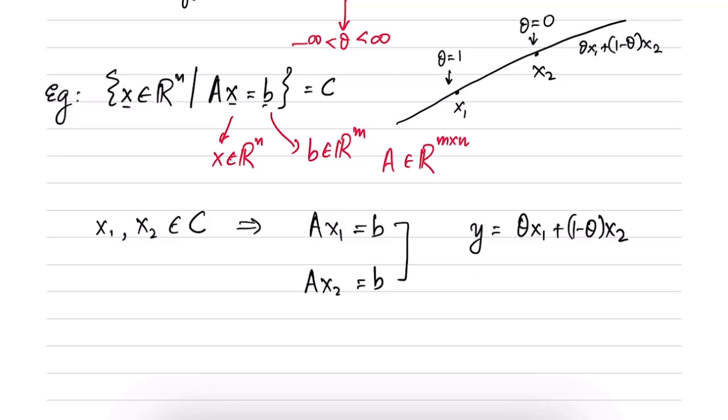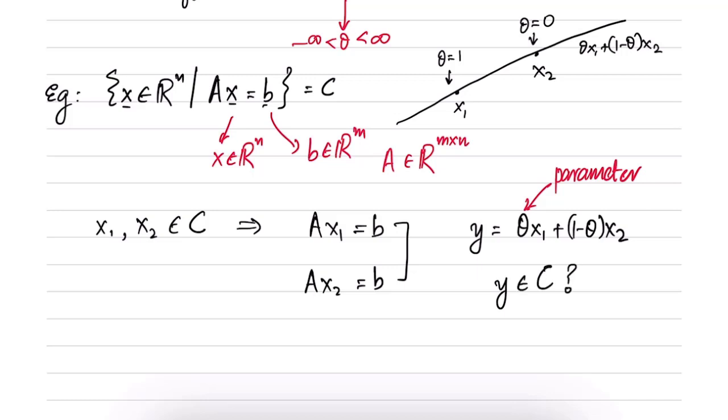Right, so y is some point like this. Note that theta is a parameter which we are using to describe y. As theta varies over the real line, we get different values of y. So we want to know whether y satisfies this condition and whether y belongs to C. So the question is, does y belong to C?